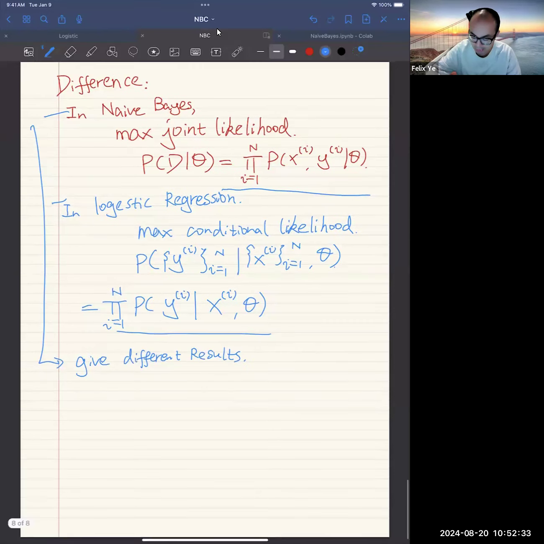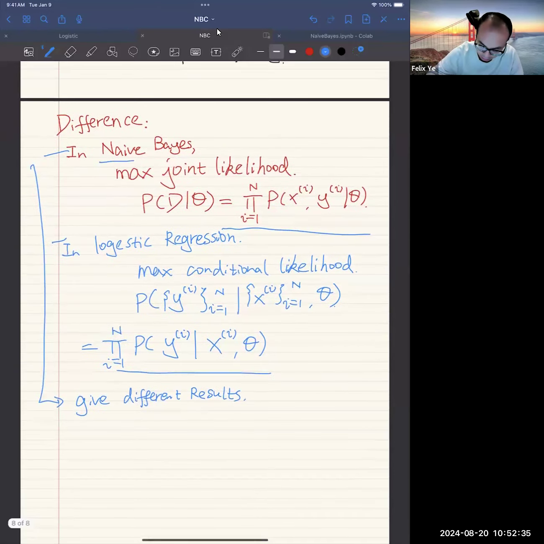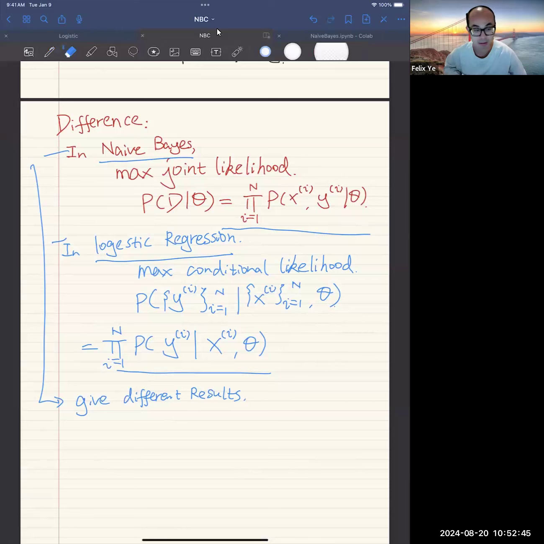So you can see these two models, although they look sometimes similar, sometimes different, the fundamental difference is the objective. The objective in naive Bayes is joint likelihood. In the logistic regressions, that will be conditional likelihood.